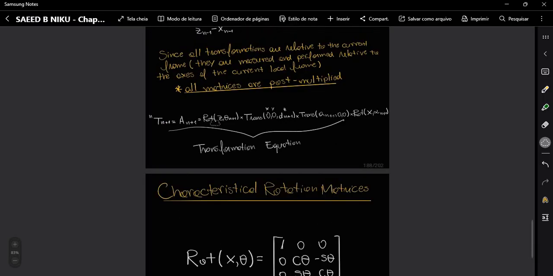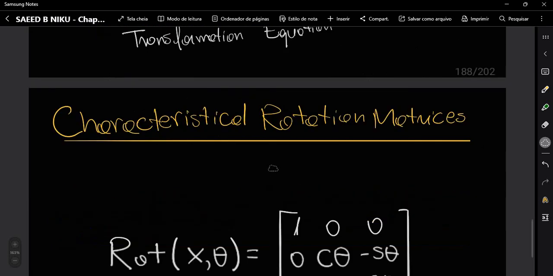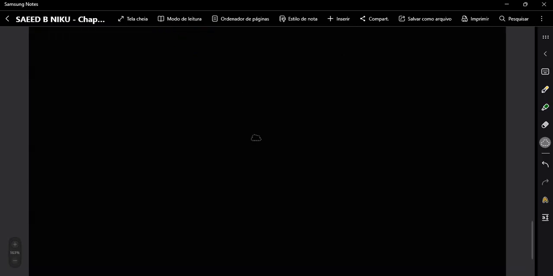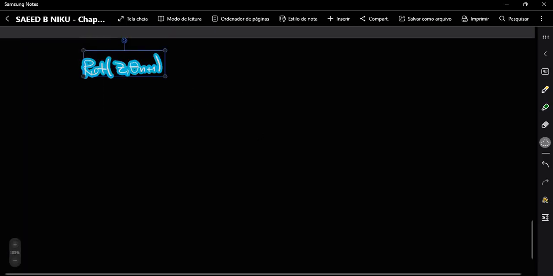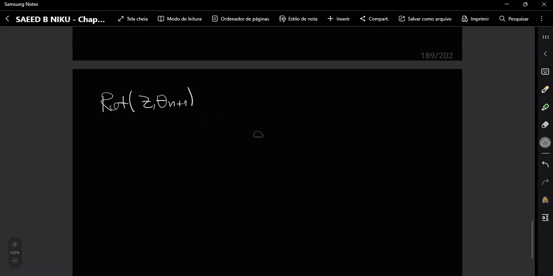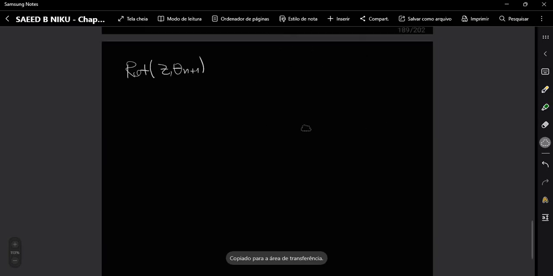So the first transformation is this one, a rotation about the z-axis with some theta n+1 angle. So let's use this characteristic rotation matrix and adapt it to this new one.